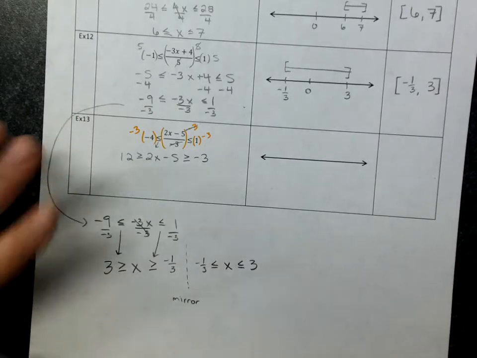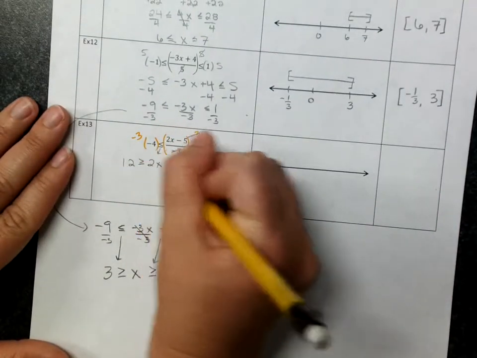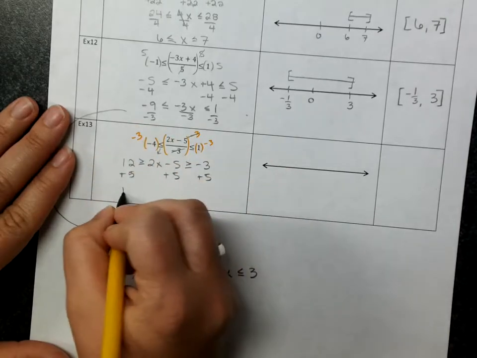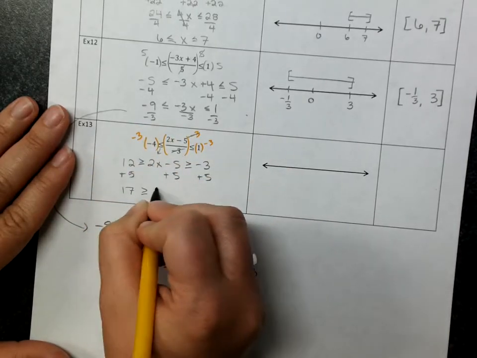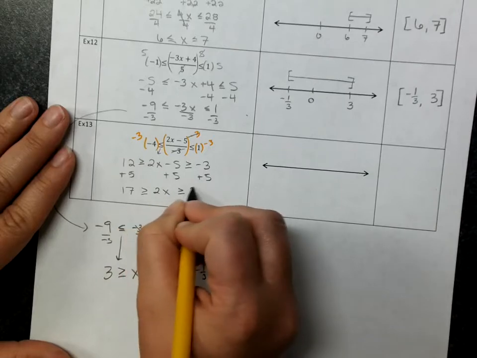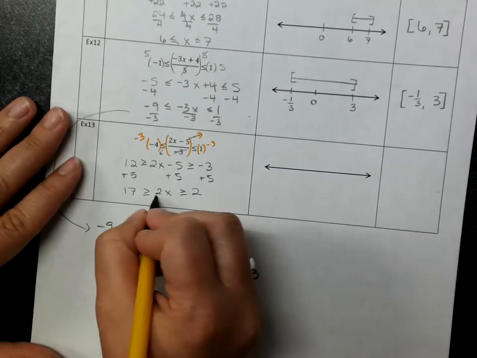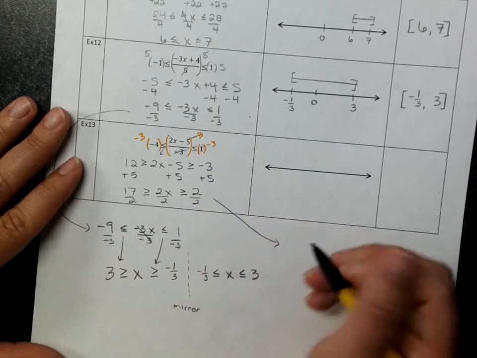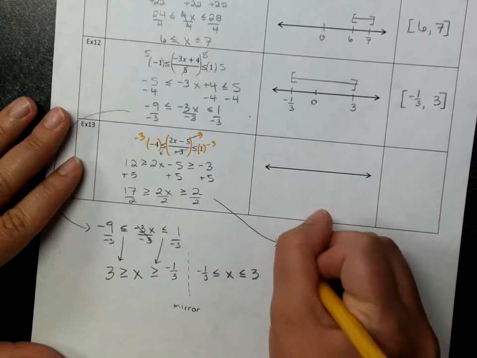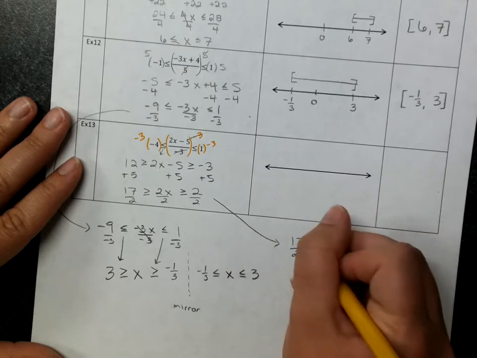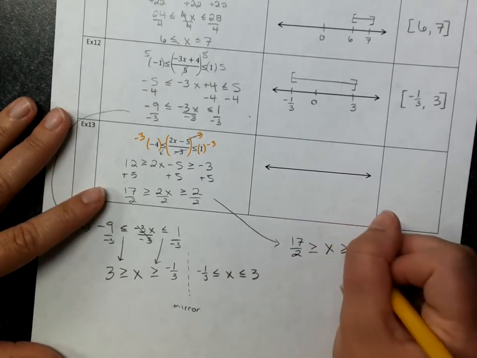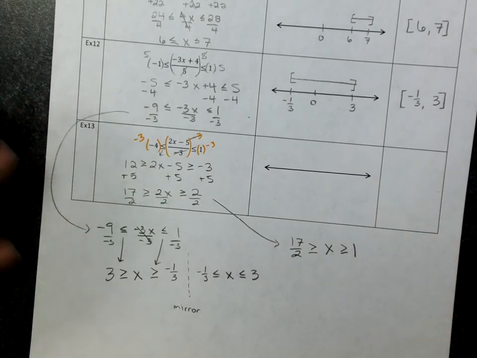And then you'll solve like normal. So I'm going to add 5. 17 is greater than or equal to 2x, greater than or equal to 2. Divide everybody by 2. I'm going to bring it down here so you can see it. 17 over 2 doesn't divide, so we'll just leave it. Symbol is greater than or equal to. X is in the middle. And 2 divided by 2 is 1.